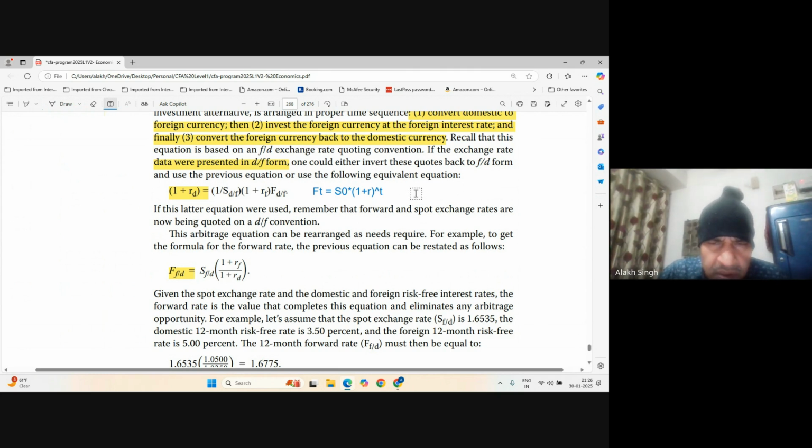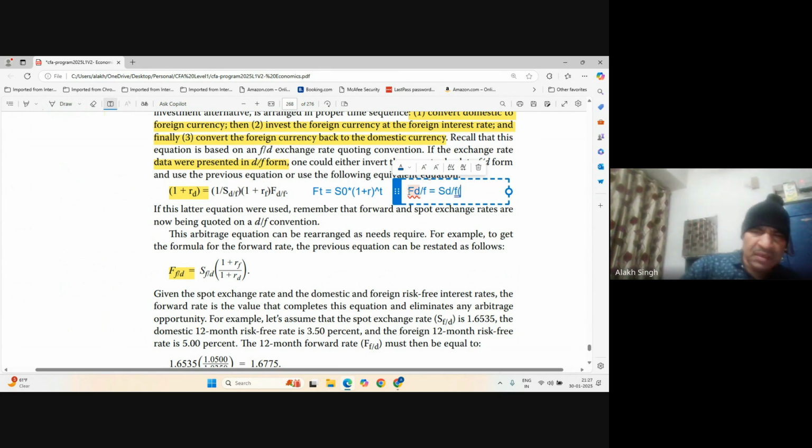So for currency, we will have F D by F equal to S D by F times, and which one will be on the top and which on the bottom, and why, is what we need to work out.